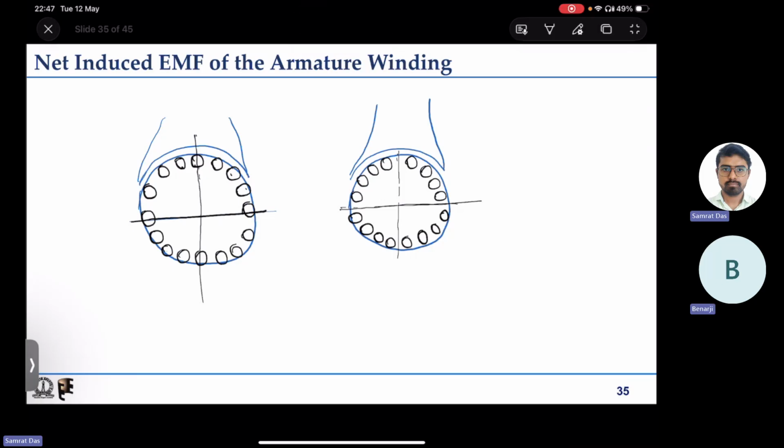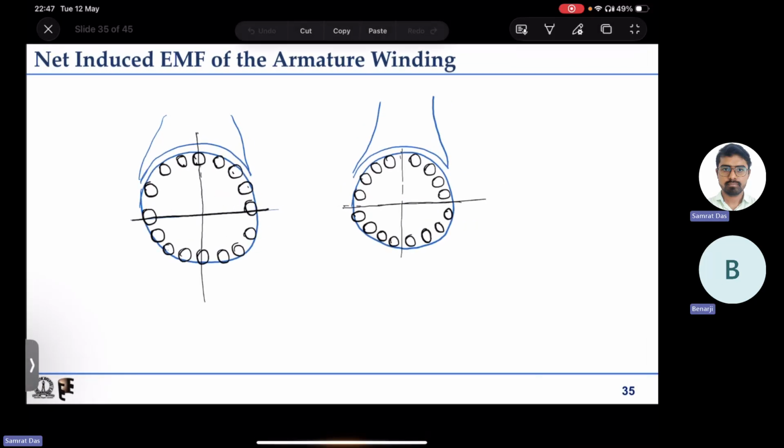In the first case, the magnetic neutral axis is passing through the coil, whereas in the second case it is not. That is the difference, and this difference will cause the ripple in the induced EMF.